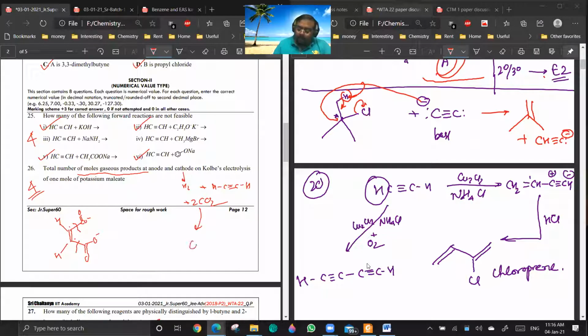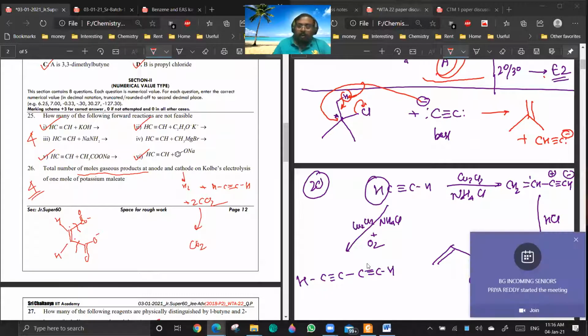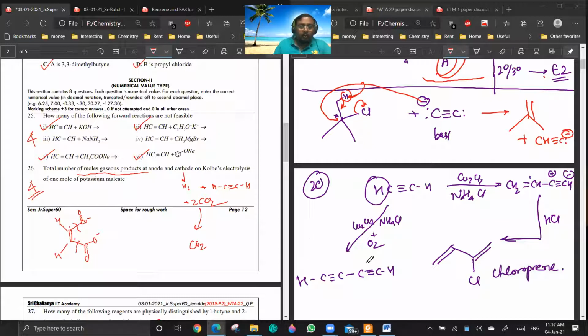The CO2 which is released will not be able to get out of the system. Why? Because CO2 is an acidic oxide. It reacts with OH minus. CO2 will dissolve in water to form H2CO3, and it will react with KOH to form K2CO3. You won't get CO2 gas in this reaction.